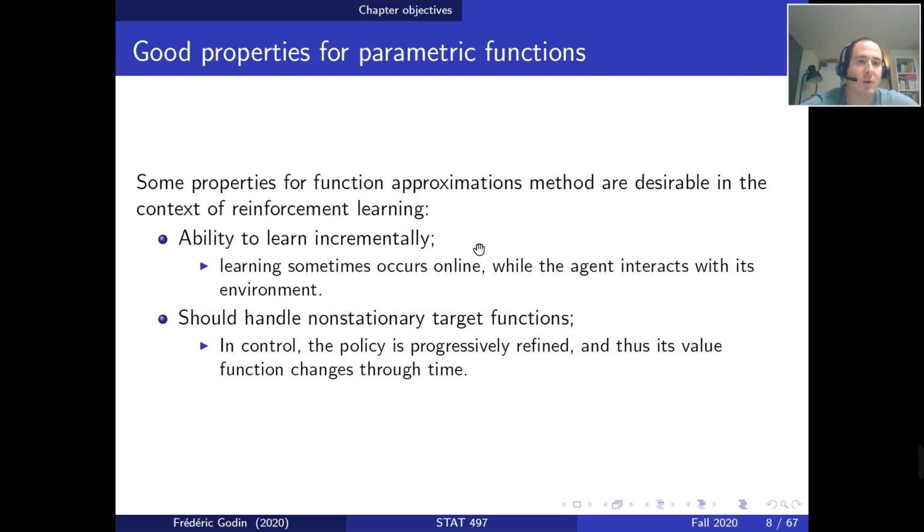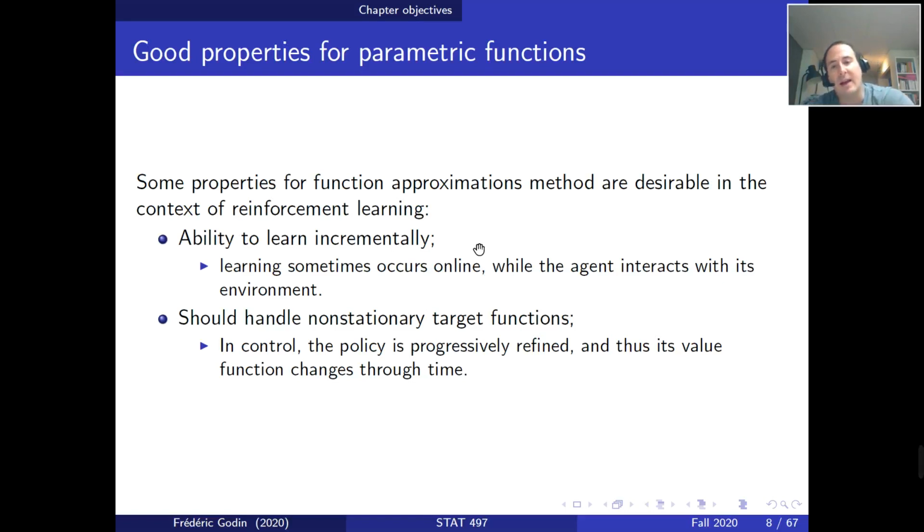Every time you observe new information, you slightly adjust your estimates of the value of the states. You don't want to have a very large leap every time. So to have small adjustments, we need parametric functions that can be slightly modified every time new information is available. If the functions cannot have this flexibility to be slightly altered at a time, then they might not be good candidates for reinforcement learning.